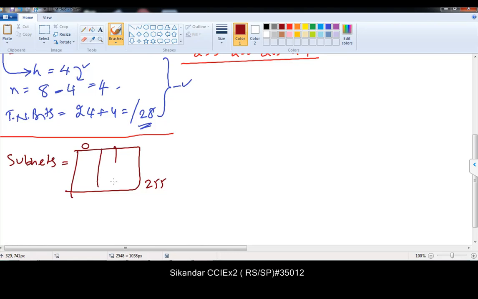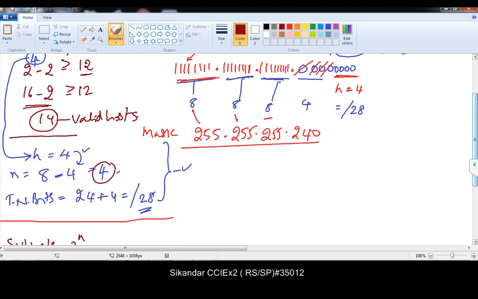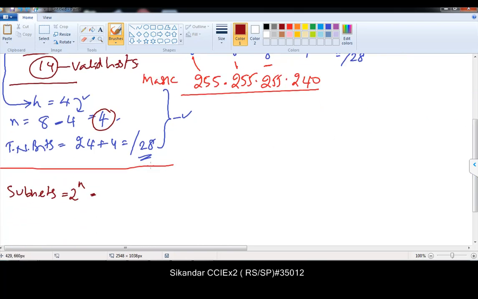If you divide them into 16, 16, 16, 16, how many small networks do we get? I always suggest you use this simple formula of 2 to the power of n, 2 to the power of the converted network bits. Converted means your extra network bits. You can see these are extra bits, the 4 bits which I converted. Whatever the extra bits, just raise 2 to that power to get the value. So I converted 4 bits.